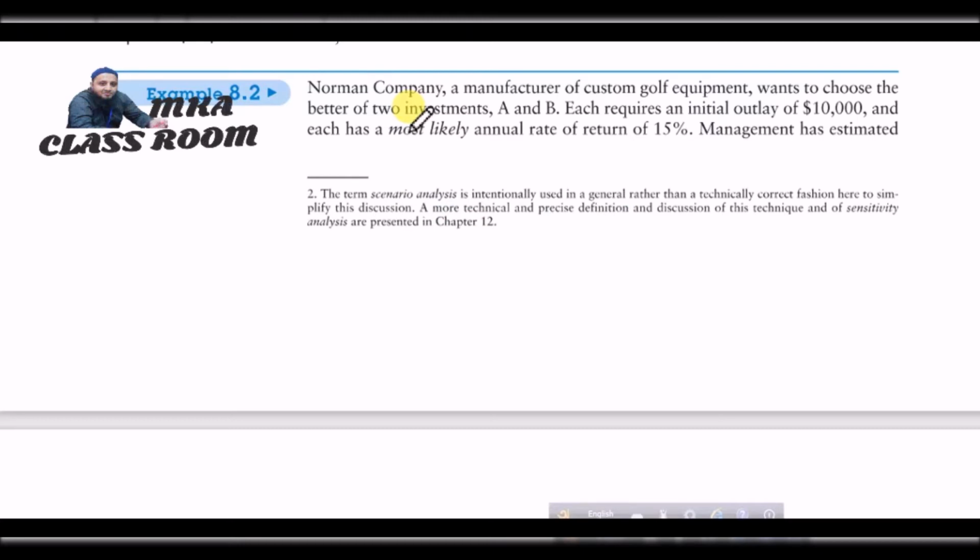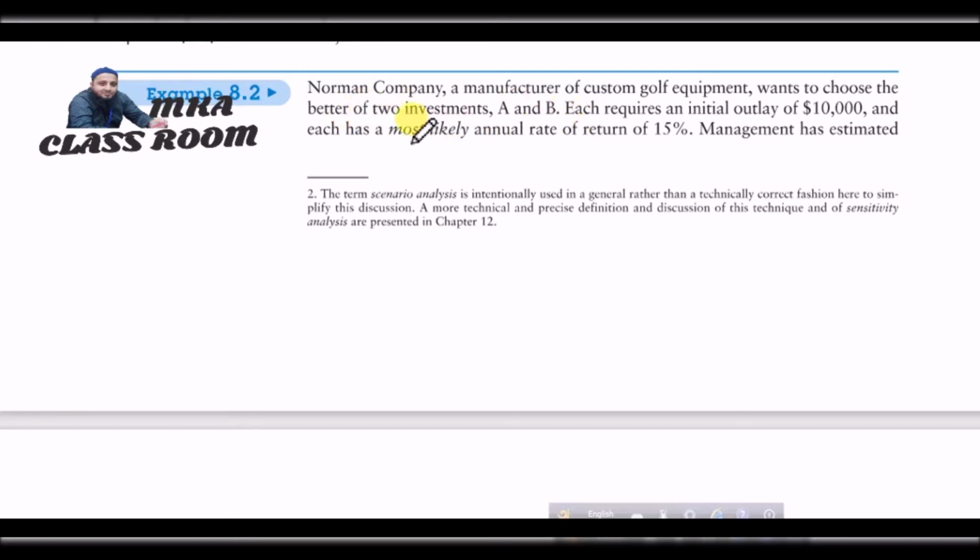Now we will try to discuss how we use this assessment process, or sensitivity analysis, or scenario analysis, how we can use it in our day-to-day life.